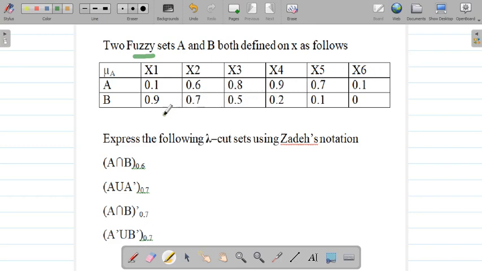Then fuzzy set B: 0.9, 0.7, 0.5, 0.2, 0.1, 0. Express the following lambda cut sets using Zadeh notation.